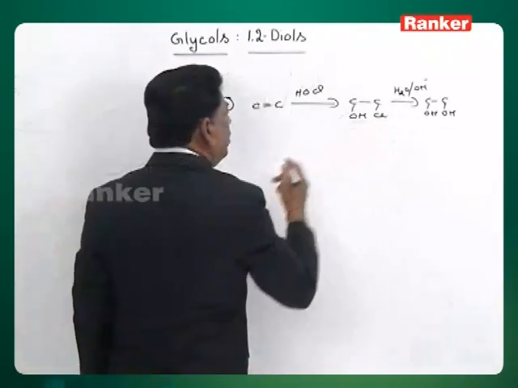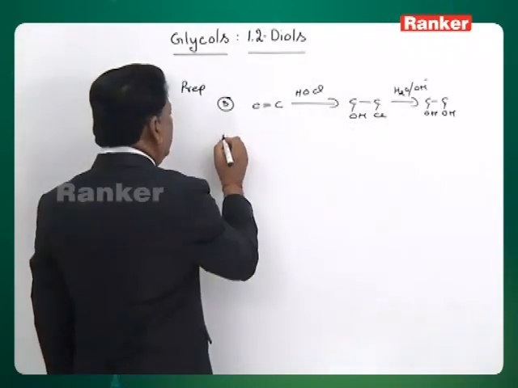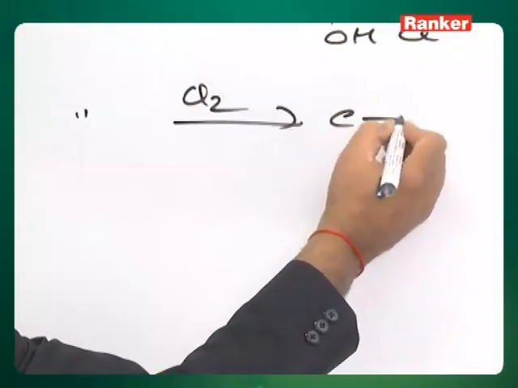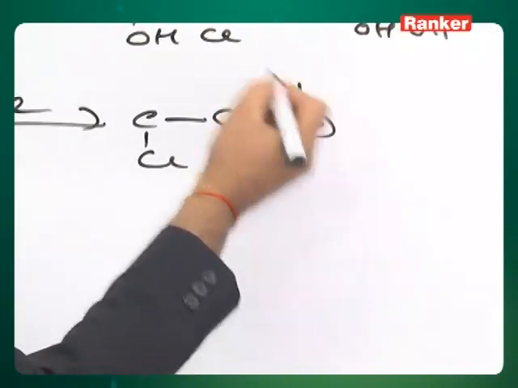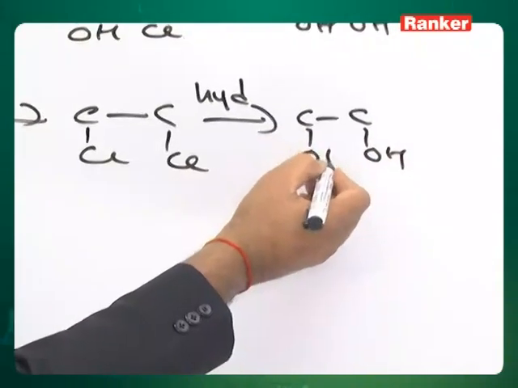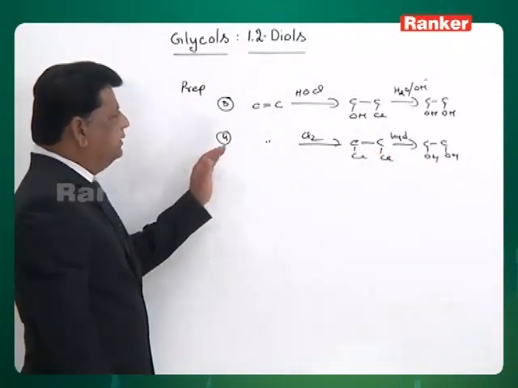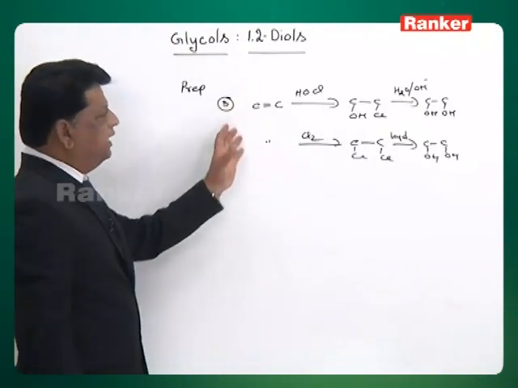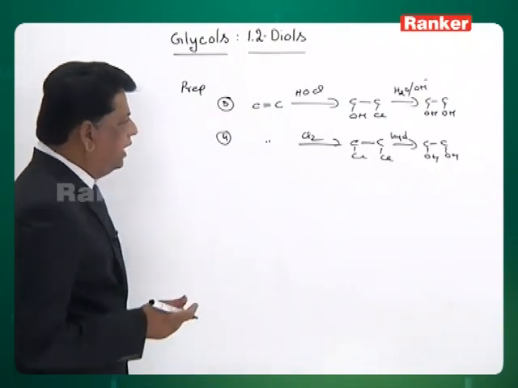Or you can add chlorine to get the dichloro compound, and hydrolysis of this by nucleophilic substitution will give the diol. So all these 1, 2, 3, 4 are A, B, C, D methods, which are nothing but converting alkenes into their corresponding glycols.